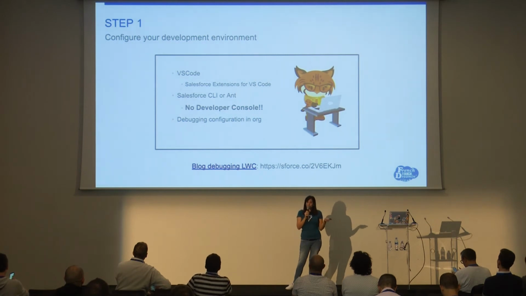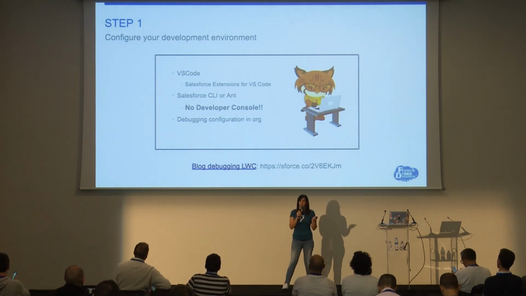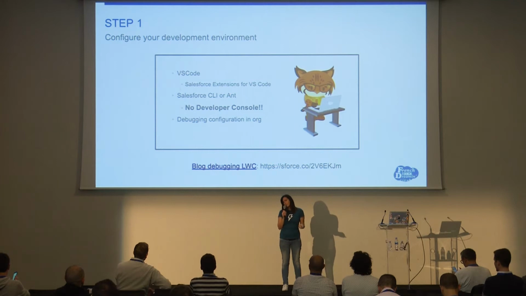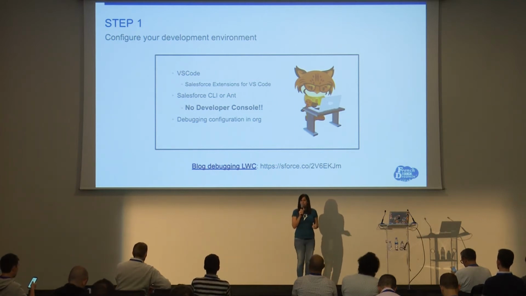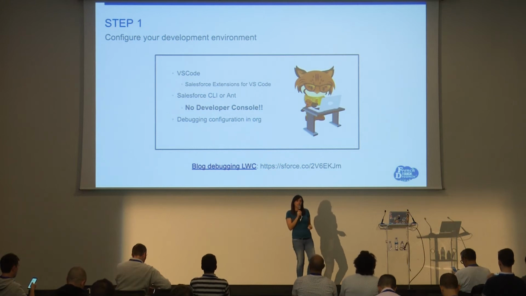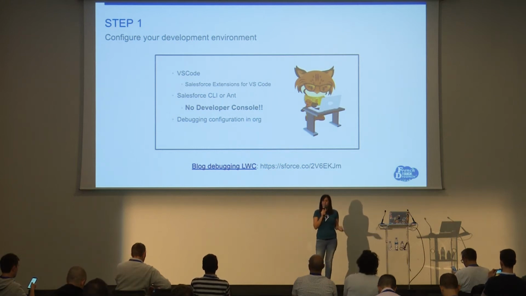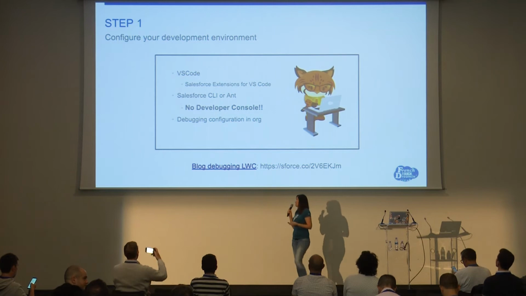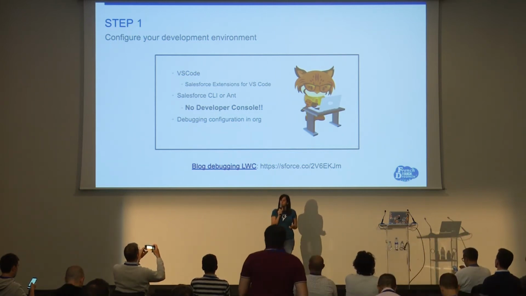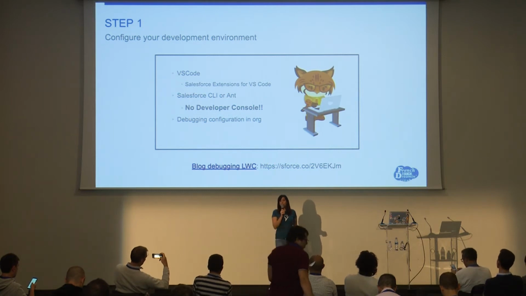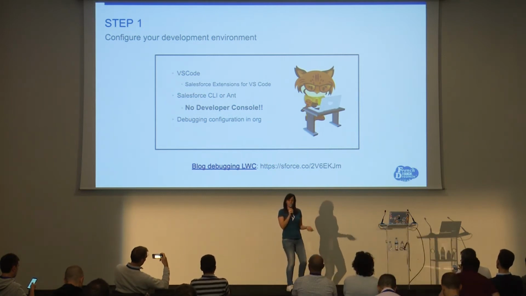So first thing that you need to do if you are going to start working with Lightning Web Components is to download Visual Studio Code. Visual Studio Code is the IDE recommended by Salesforce. We have released an extension with a lot of functionality called Salesforce Extensions for Visual Studio Code. That's going to give you auto-completion capabilities.